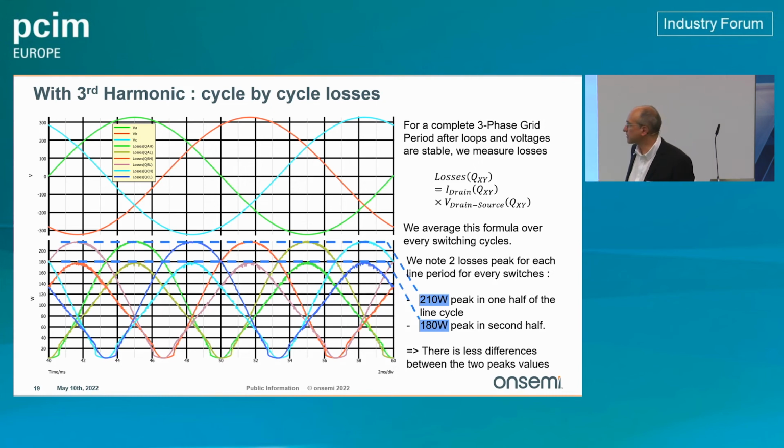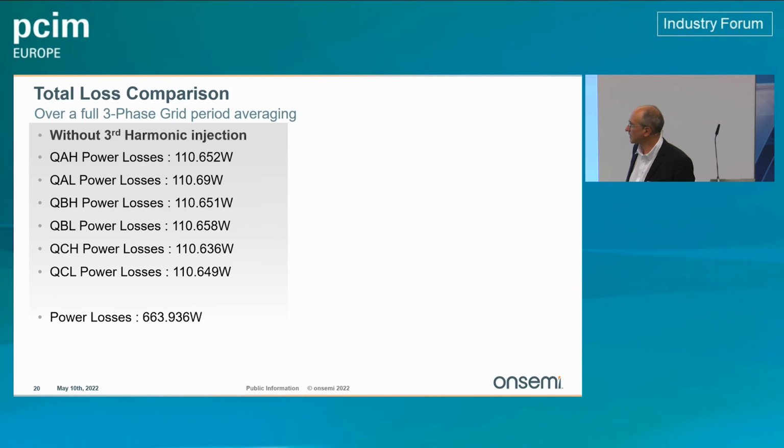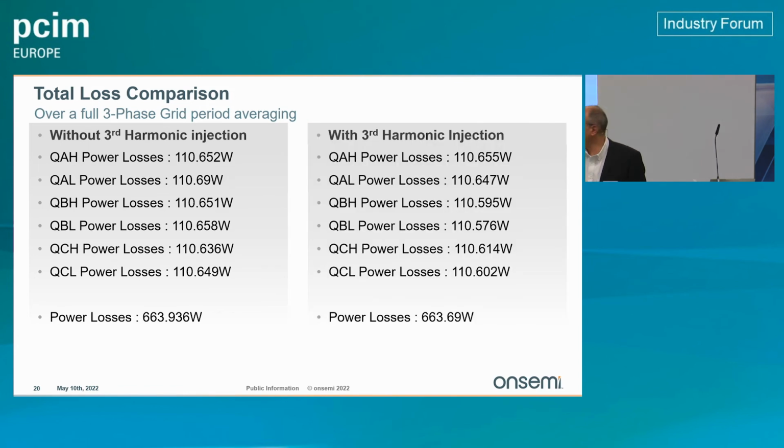But if I look at the total losses, this is the losses over a full grid period without third harmonic injection, and I get to 663 watts. And if I do the third harmonic injection, I get almost the same one.